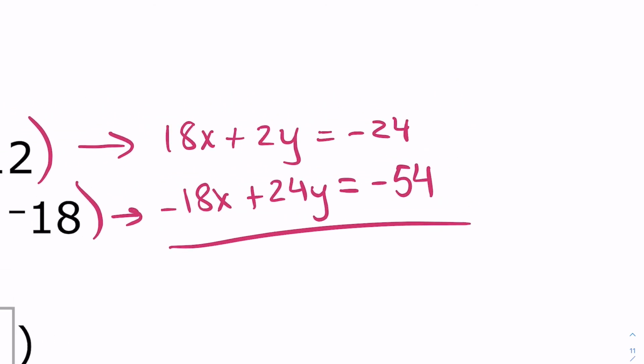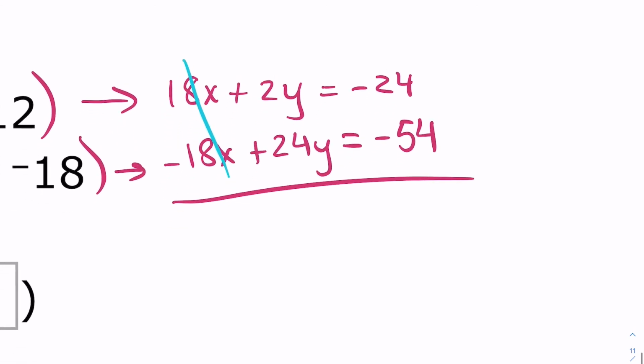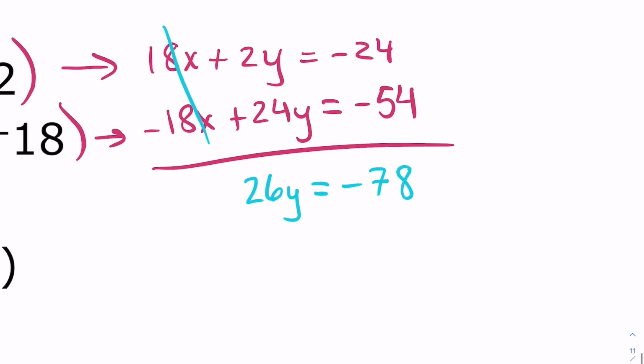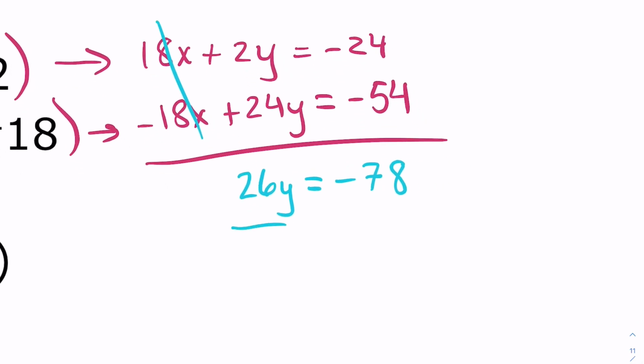Okay, so I'm going to add these together. So the 18s will go away. 18 minus 18 is 0. 24 plus 2 is 26y. And then we have negative 54, negative 24. That's negative 78. All right. Divide both sides by 26.